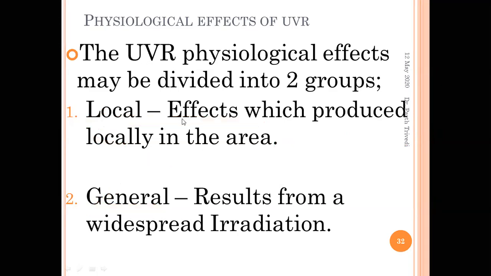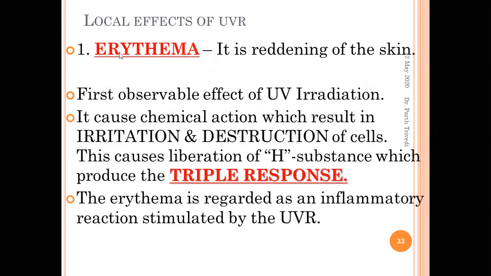Okay. So the first thing we would see is erythema. Erythema is nothing but redness of the skin. Clear? So erythema is nothing but reddening of the skin. Now why does this erythema occur? This erythema occurs basically because of the triple response. Very important MCQ question and viva question. The UVR causes chemical action which results in irritation and destruction of cells, and release of H substance.